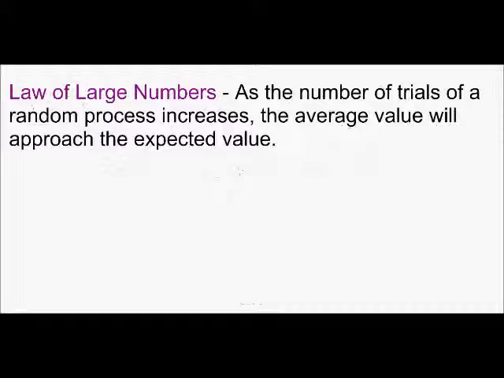Okay. The law of large numbers tells you that as the number of trials of a random process increases, the average value will approach the expected value. So, for instance, if I were to have a baby, I could model the likelihood of having a boy or a girl by flipping a coin.